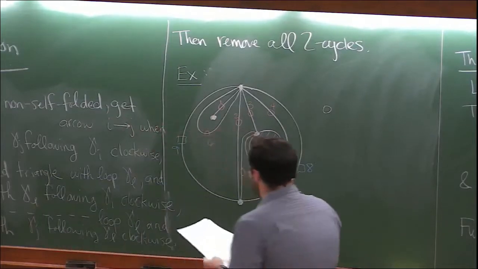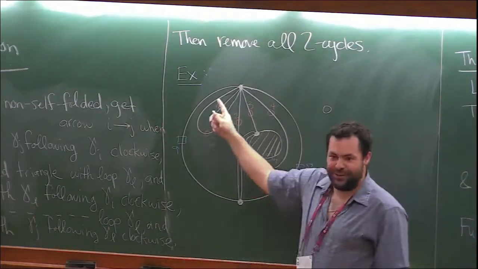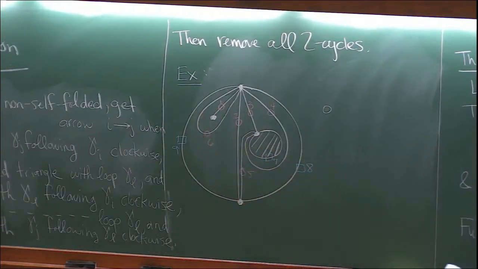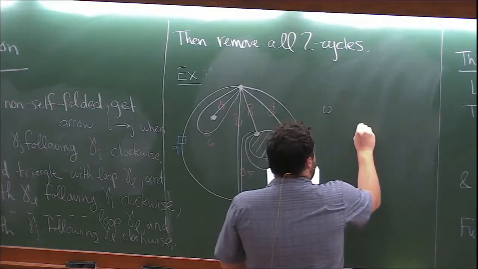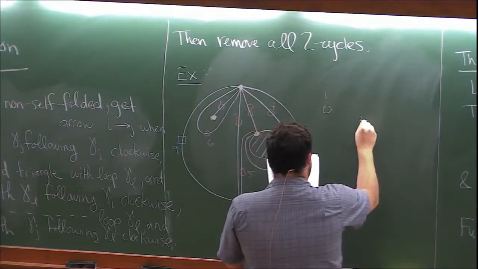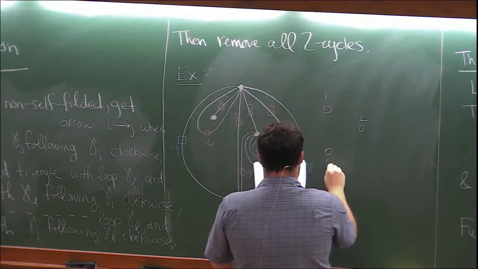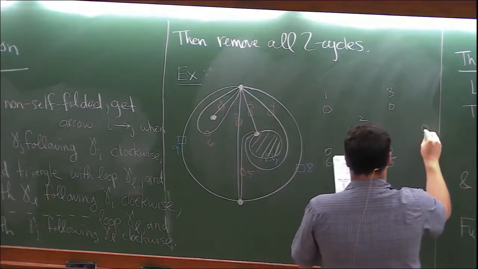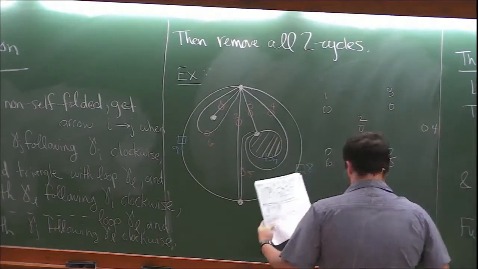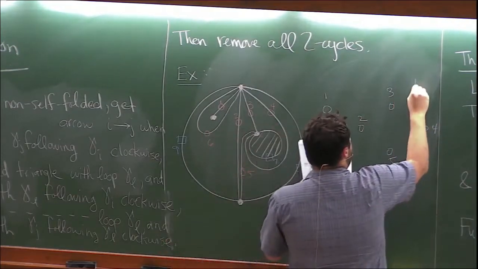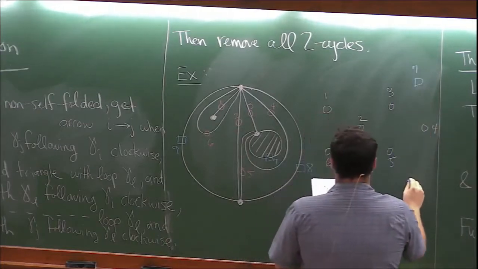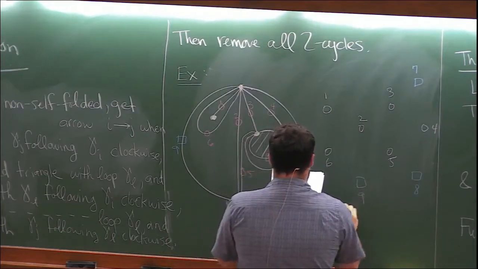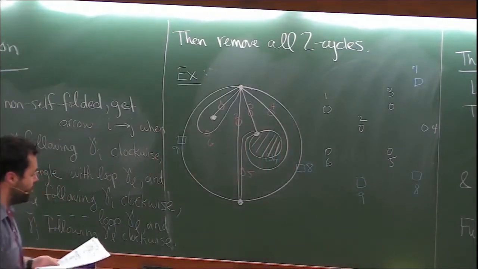Okay. So I'm going to quickly draw the parts of the quiver that don't involve this self-folded triangle, because we know how to do this. And then I'll spend some time on the self-folded triangle. So here's vertex 1, vertex 2, vertex 6, 3, 5, 4, and then my frozens, 7, 8, 9. Okay, so those are all my vertices.